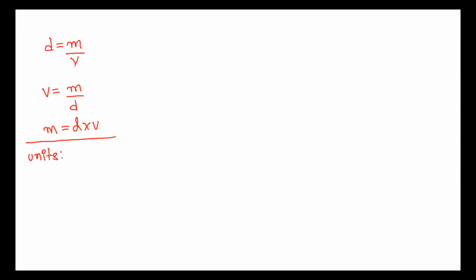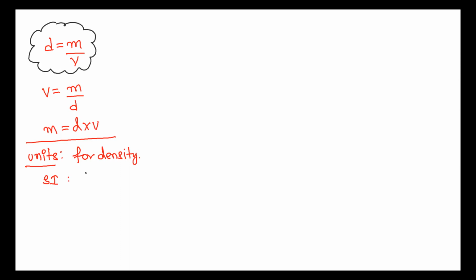When it comes to units, we know we have two types of units. Basically, SI. Units for density. Look, if you want to calculate the unit of density, density is mass by volume. So the unit of density will be unit of mass by unit of volume.